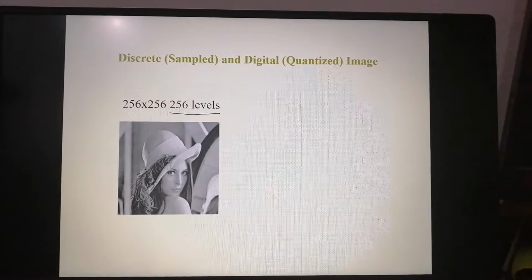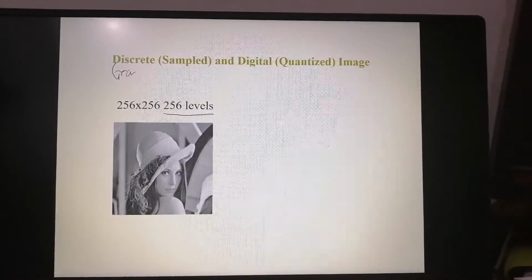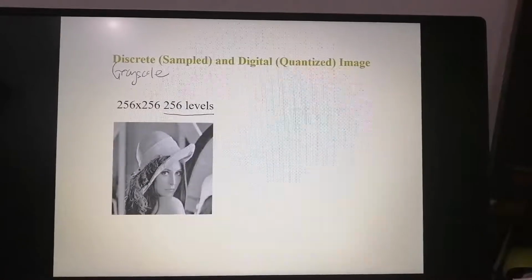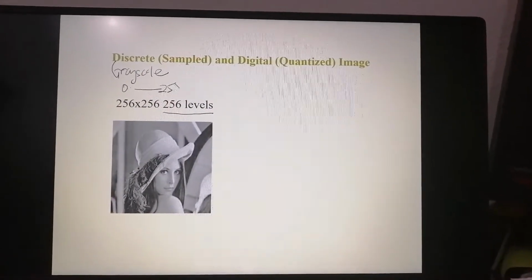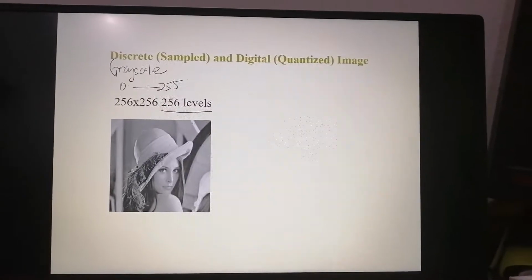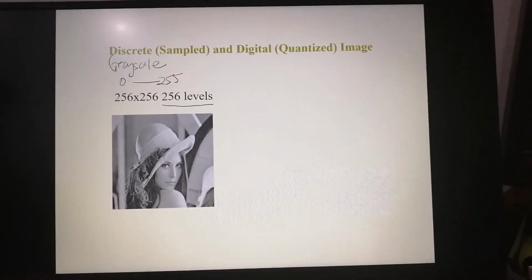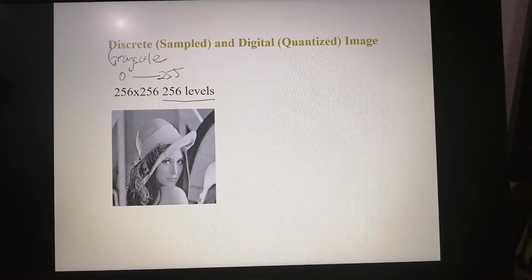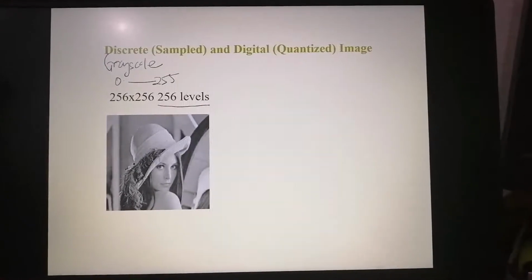This is referring to the grayscale level, which is from 0 to 255. Okay, so this is the intensity levels of the pixels, the values of pixels. So daripada sini, this is similar to xn.